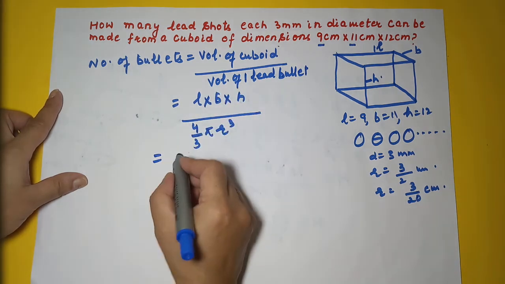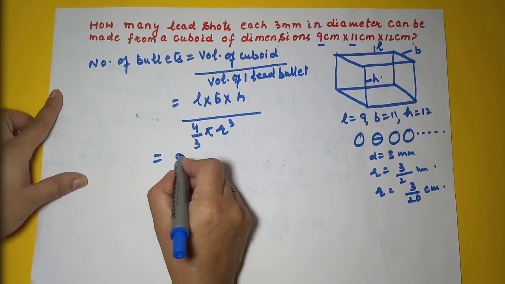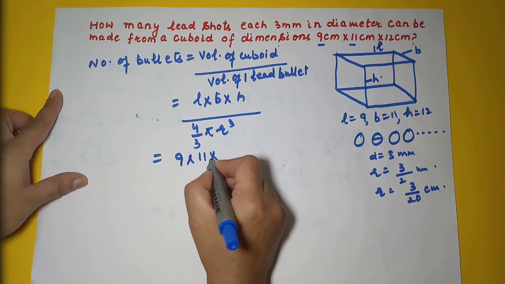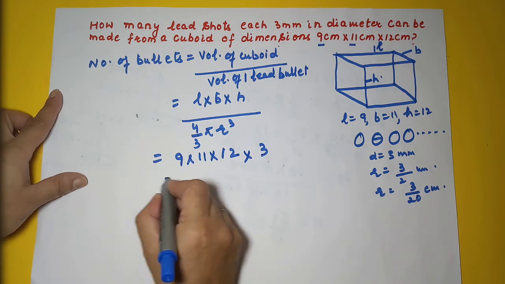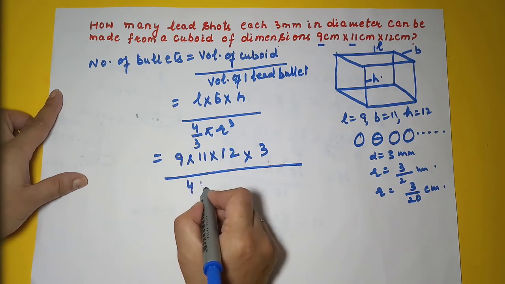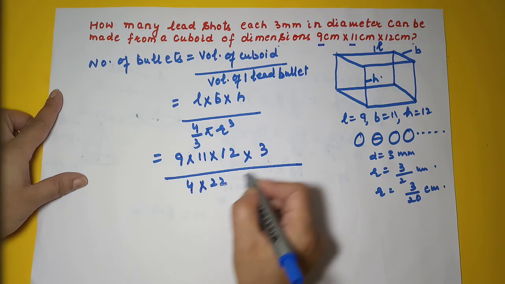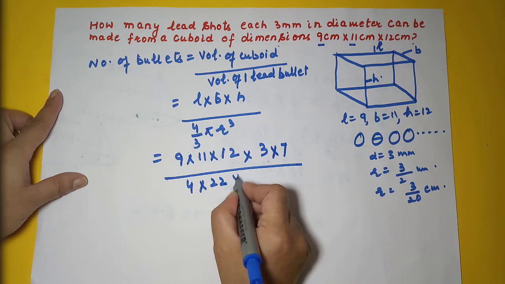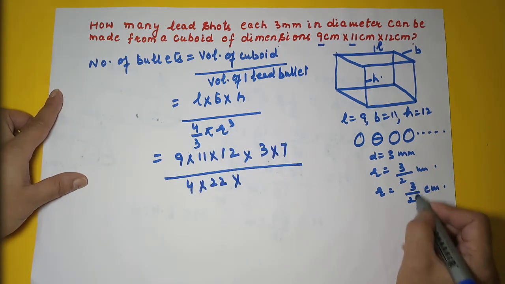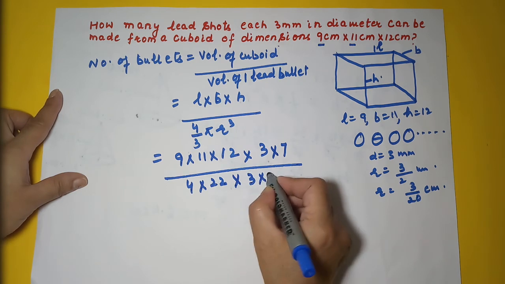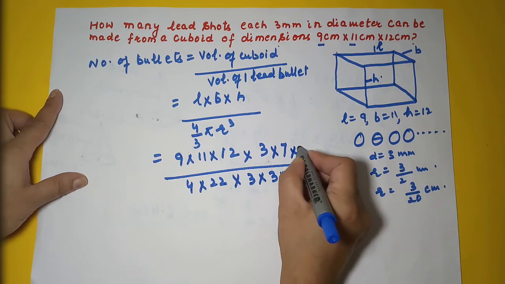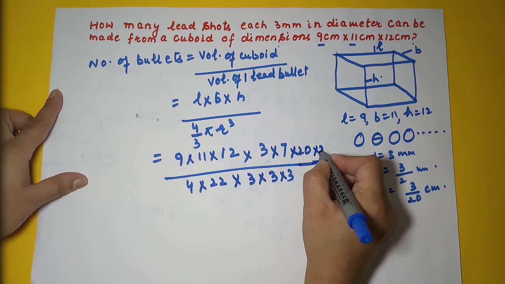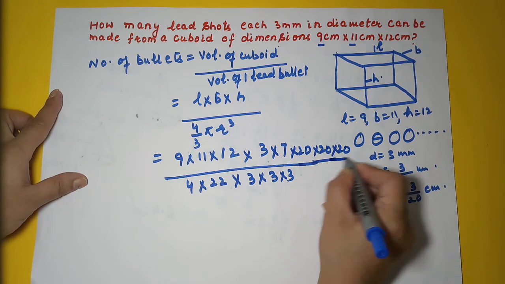So let's substitute the values now. Length is 9 into breadth 11 into 12, and this 3 will come up, and in the denominator we will have 4 into pi is 22 by 7, 7 will come up, into r cube, that is 3 by 20. So I will write 3 into 3 into 3, and 20 into 20 into 20.